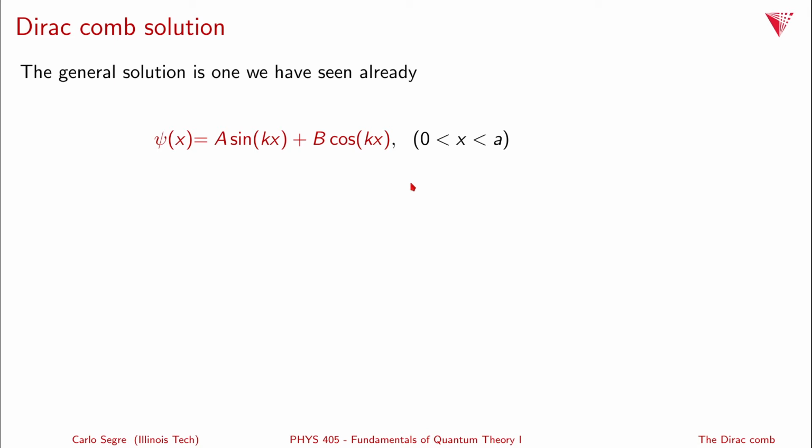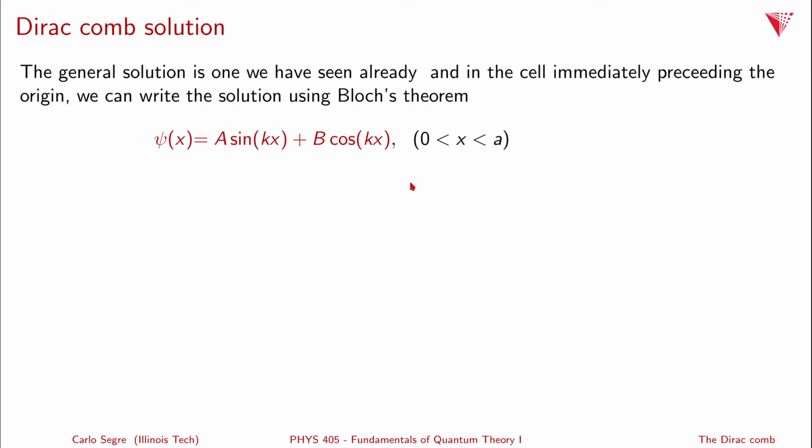Now, in order to apply the boundary conditions, we also have to look at the unit just before the origin. That is, the unit from x equals minus a to 0. In that region, because this is a Bloch function, we can write what the solution is.